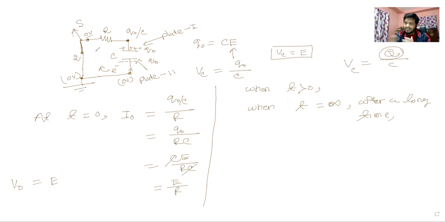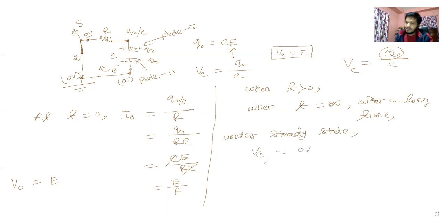Okay. And this state or this condition is known as the final state of the capacitor or steady state of the capacitor. So we can write, under steady state, the voltage across the capacitor is equal to what? 0 volt.